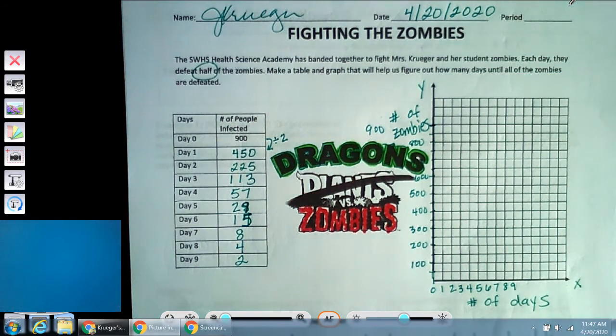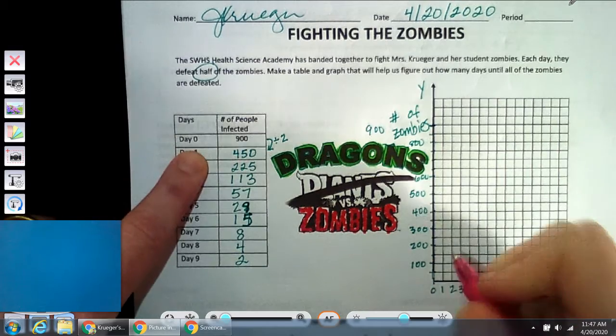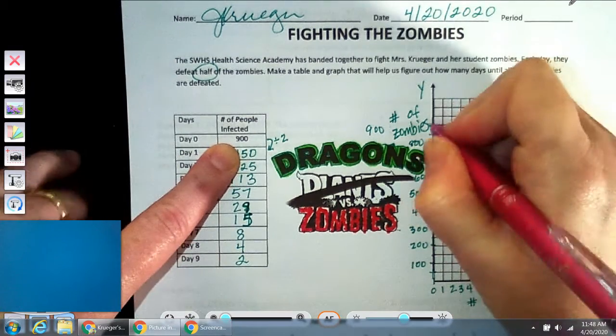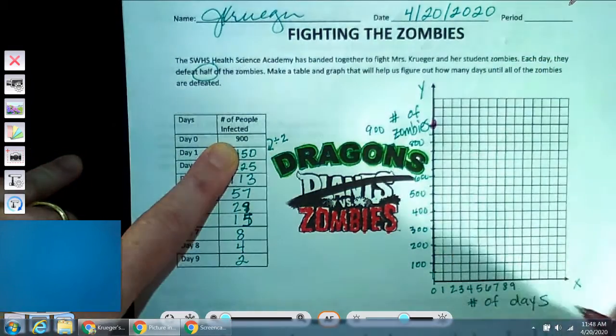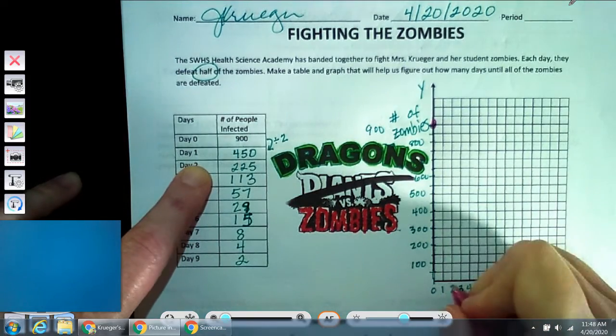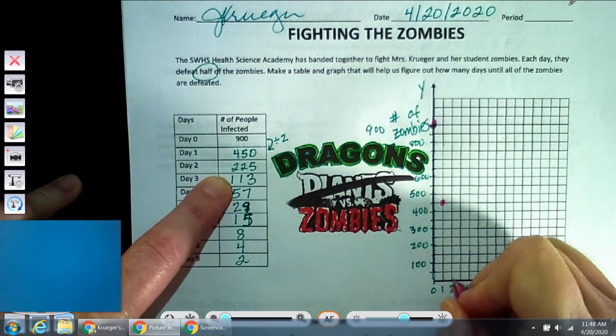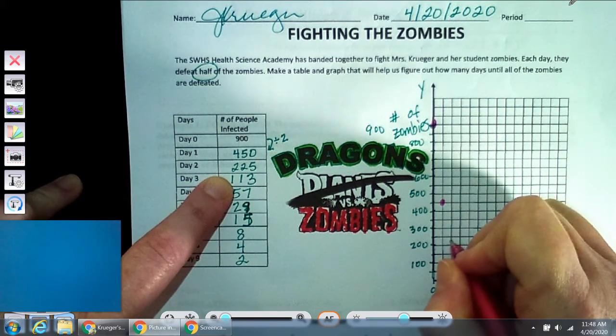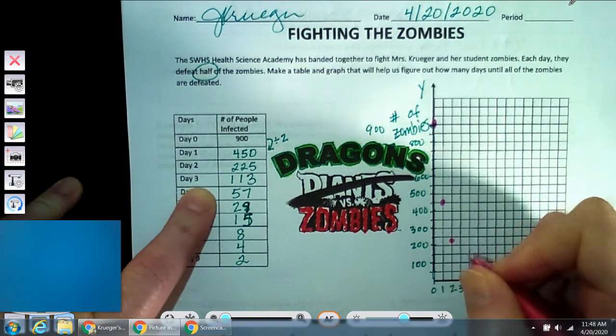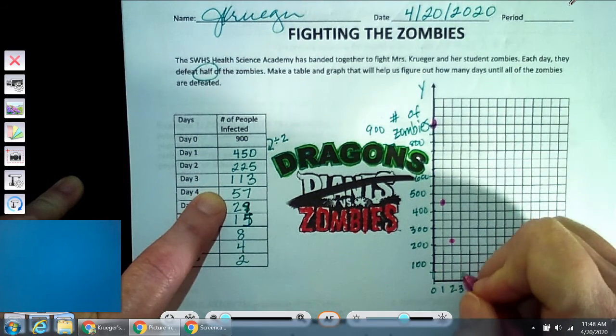Now I'm going to plot my points. Day 0, I had 900 zombies, so I am right here at the start. Day 1, we had 450. Day 2 was 225. And I'm going to continue plotting the rest of this data.